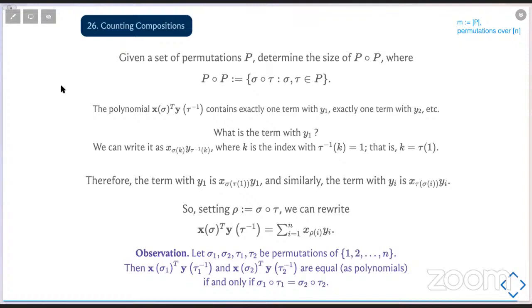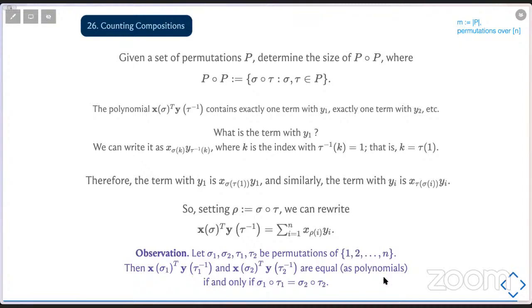So basically the idea is to observe that if you have 2 compositions that collide, the ones that basically don't contribute any extra to the count that we are interested in, then the corresponding polynomials become basically equal.